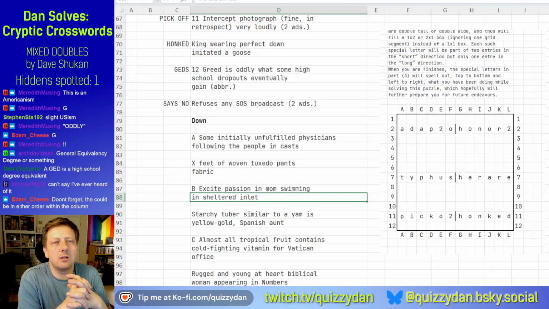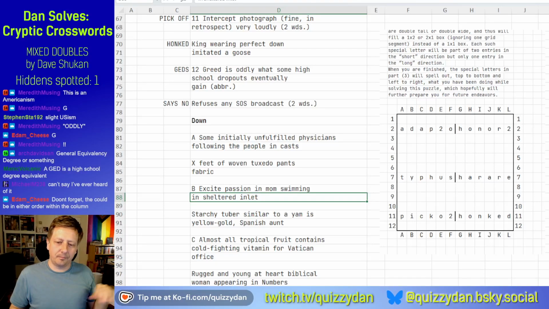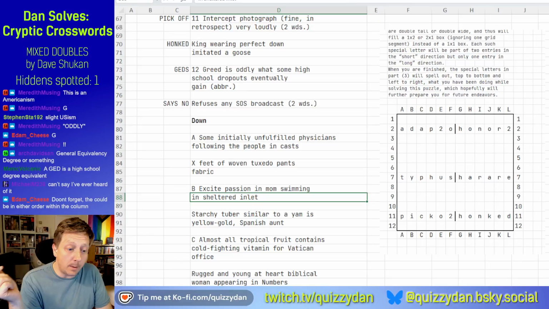We're going to get a sheltered inlet. That doesn't feel right. So what if it was an anagram of mom in the sheltered inlet, which could be like a bay.